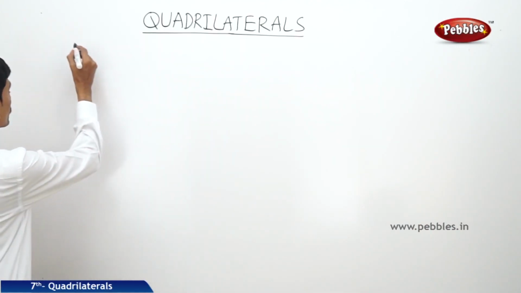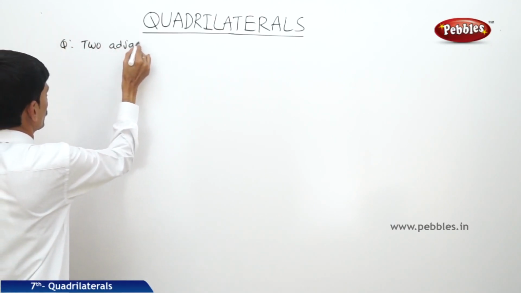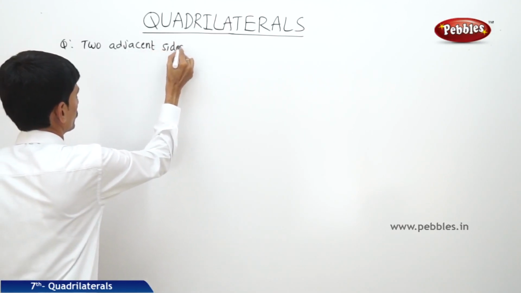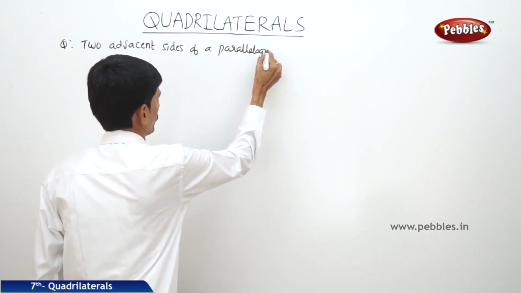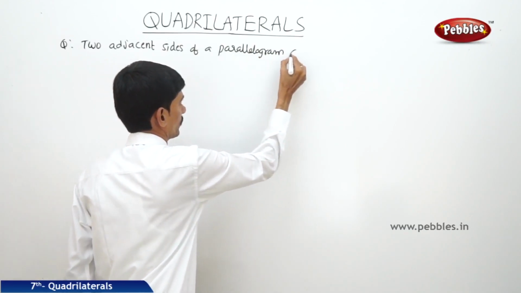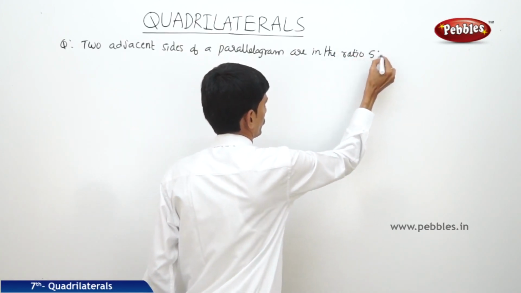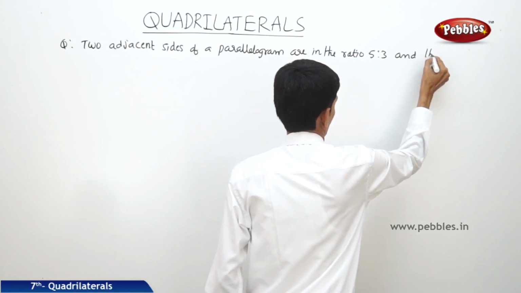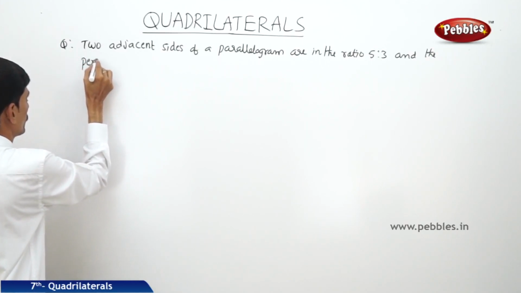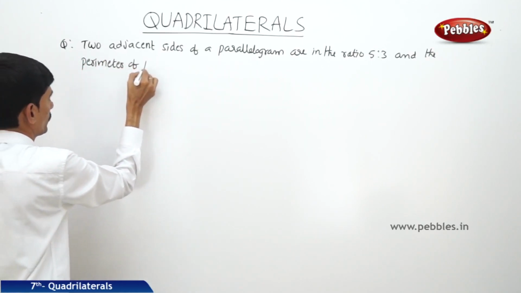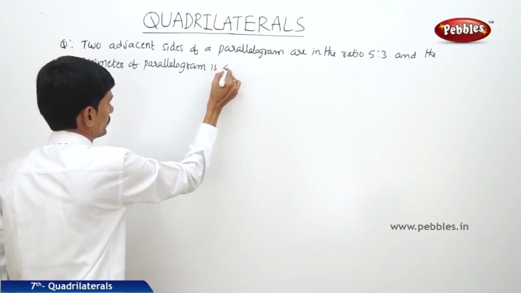Two adjacent sides of a parallelogram are in the ratio 5:3, and the perimeter of the parallelogram is 48 centimeters.